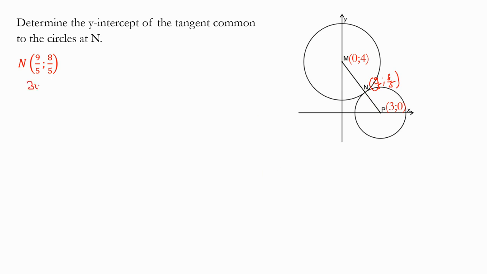So our equation was 3y plus 4x is equal to 12. Then 3y is equal to negative 4x plus 12. Then y is equal to negative 4 over 3 x plus 4. That meaning that the gradient of MNP is equal to negative 4 over 3. Then the gradient of the tangent is the negative reciprocal of this.